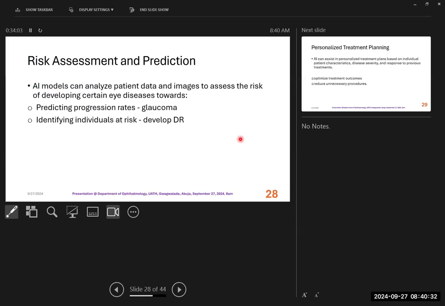Then risk assessment. You can use AI to assess the risk. Maybe you have a family in which one of them has glaucoma. You can now assess other family members, or the person that even has glaucoma, and use it to predict what is likely to happen if you are not treated.